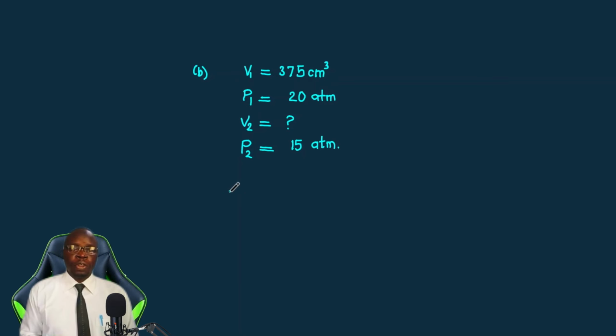So from Boyle's law, now in this law, we're talking about the mathematical expression pressure 1 times volume 1 when it changes to pressure 2 times volume 2.